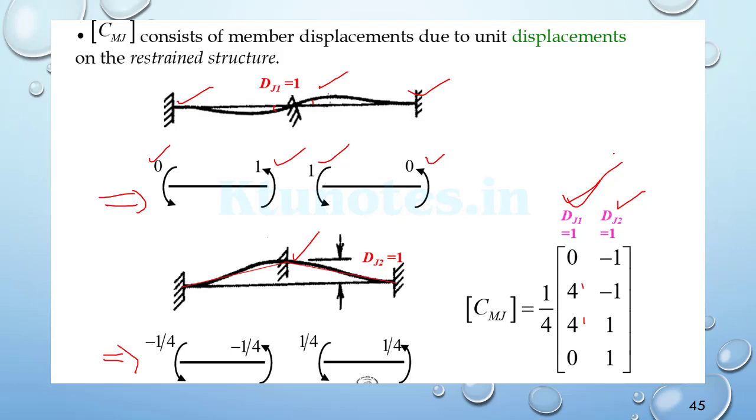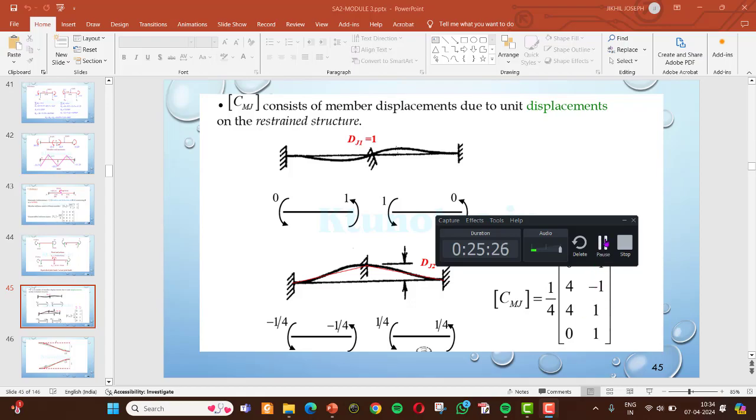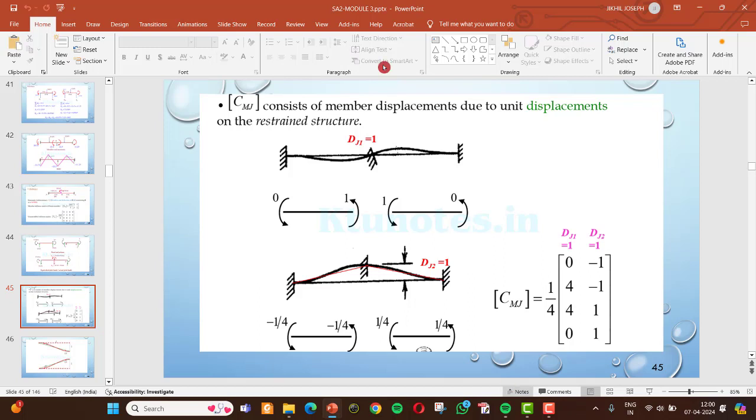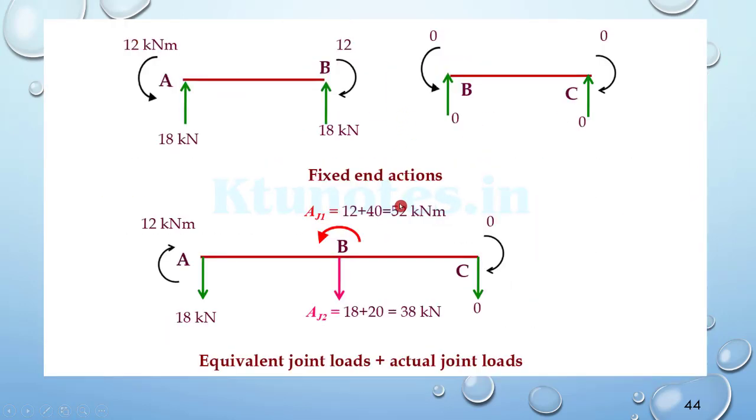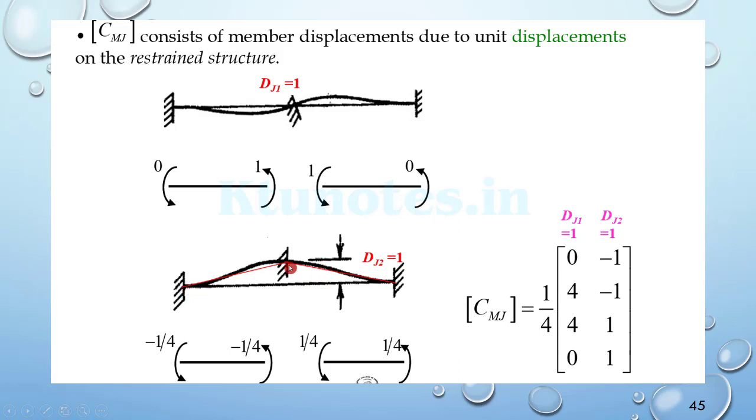For the second case, we are applying a unit displacement at point B, and the corresponding deflections at the various points are noted as minus 1 by 4, minus 1 by 4, both clockwise, and 1 by 4, 1 by 4 for the right support.